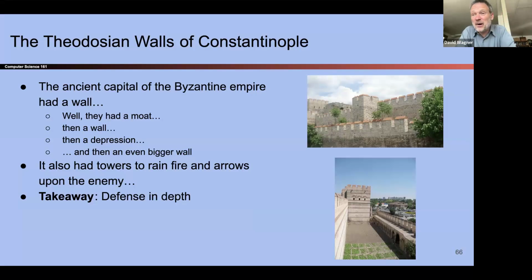And then, not just a moat, they'd have a wall, then a moat, and then another wall, an inner wall and an outer wall. The idea being that if someone gets through the outer wall, they still have to get through the inner wall. And that gap in between the two walls is kept empty. So if someone manages to smash through the outer wall, and then they're standing in between the two walls trying to smash the inner wall, you can rain arrows down on them or throw rocks or whatever.